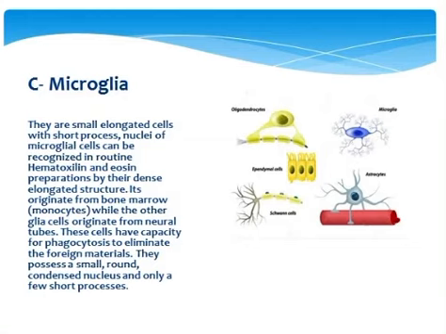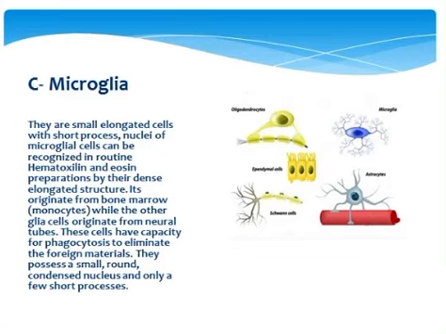Another type of neuroglial cell in the central nervous system is the microglia. These are small elongated cells with short processes. Nuclei of the microglial cells can be recognized in routine hematoxylin and eosin preparations by their dense elongated structure.